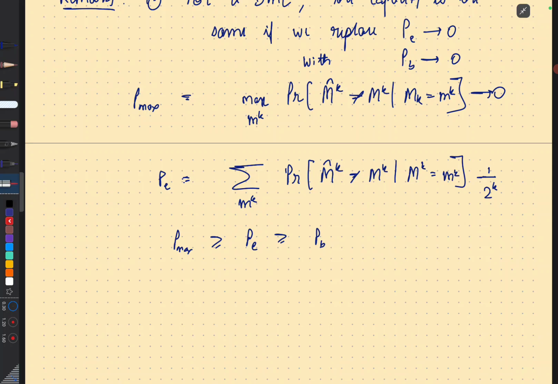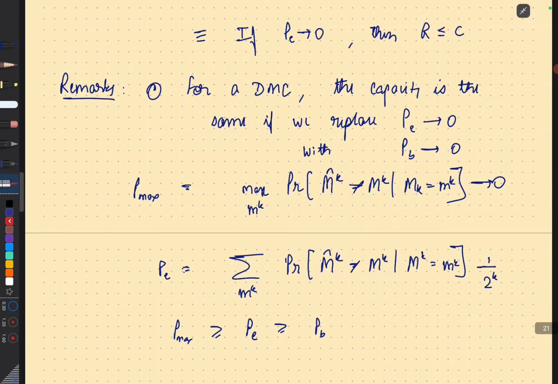But it turns out that even if you impose a much more stringent requirement, that is, the maximum probability of error should also go to 0, even then the capacity still remains the same for a discrete memoryless channel.